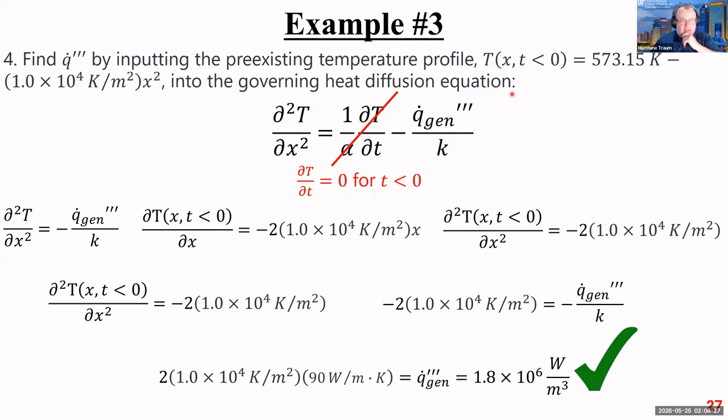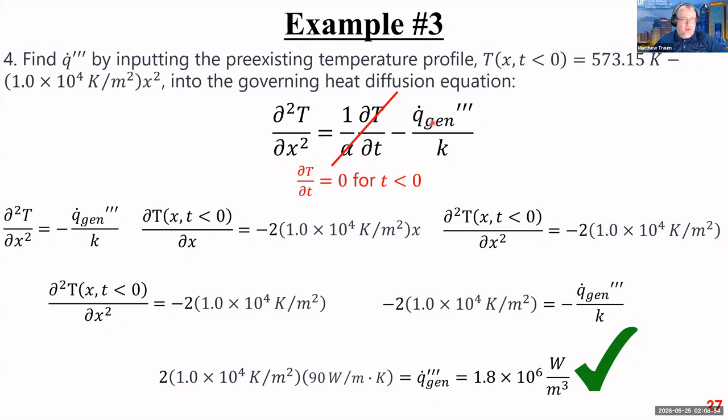So this is a little confusing, but essentially, right at time equals 0, this thing is sitting in a steady state temperature profile. It's got some weird profile through it, but that temperature profile is not changing all the way up till time equals 0. And then at time equals 0, if I remember right, we shut off the heat generation term and then the wall starts to cool down.